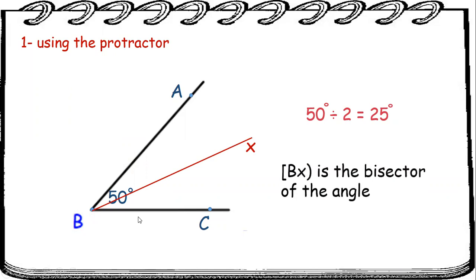So BX is the bisector of the angle ABC, and it divides this angle into two equal adjacent angles. So ABX is equal to CBX, and each of these angles measures 25 degrees.